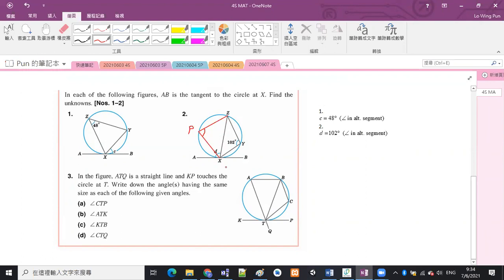Can you see this? But angle P, let me call this small letter E. Small letter E is not equal to small letter D.